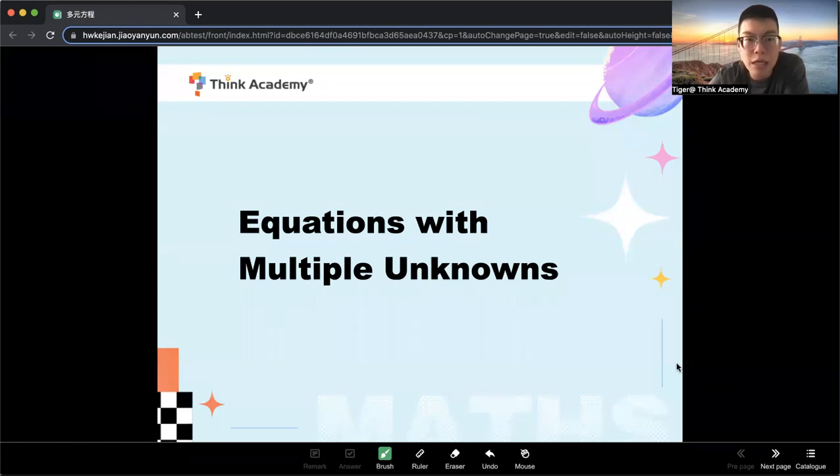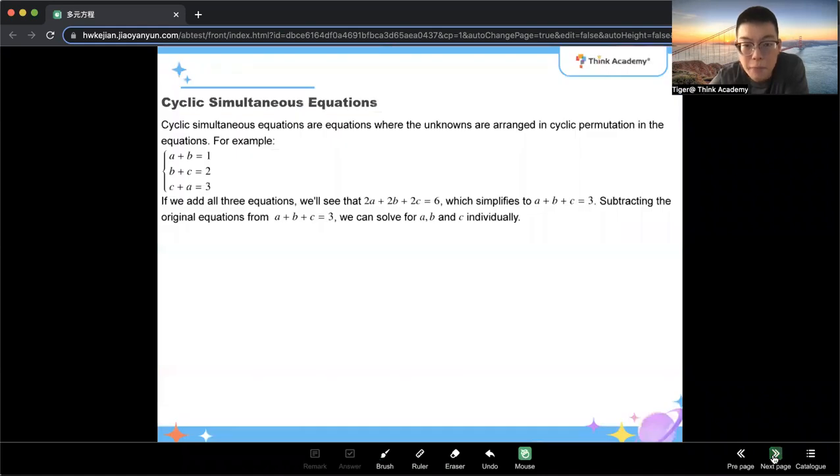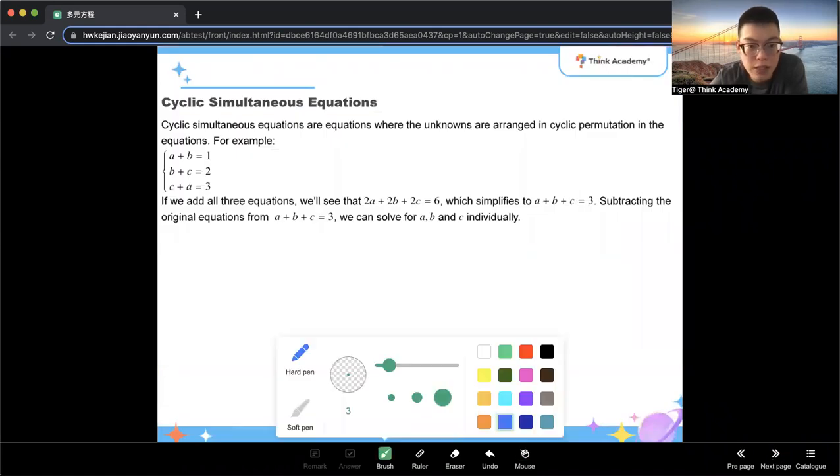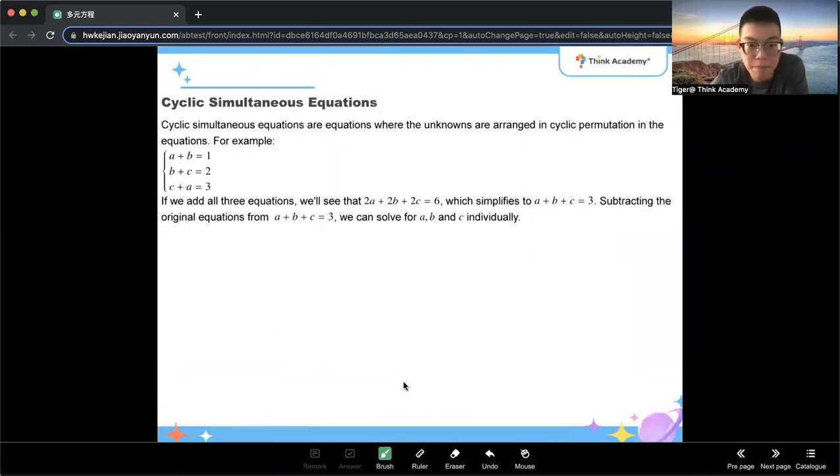So for the first section of this lesson, we will be talking about the simultaneous linear equations. And basically, I suppose you all know how to solve the simultaneous equations, like the normal ones. But today, I'm just going to talk about the cyclic simultaneous equations.